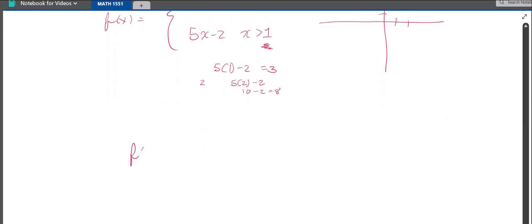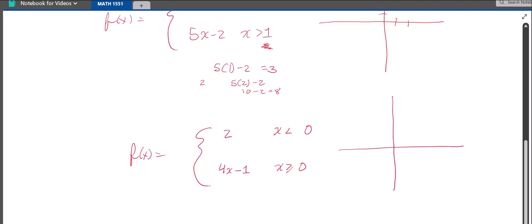If I had f of x equals 2 for x less than 0 and 4x minus 1 for x greater than or equal to 0, then here I'll go to x equals 0, and it's 2 on the left side. Now I put an open circle because it does not include the equal sign.